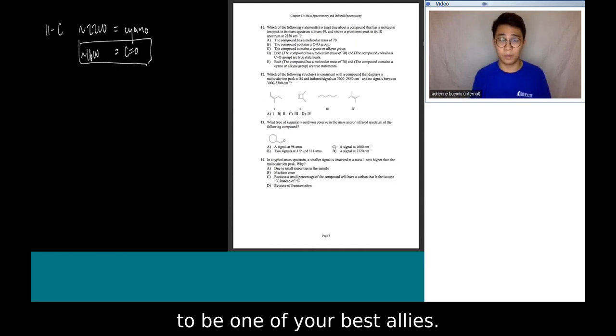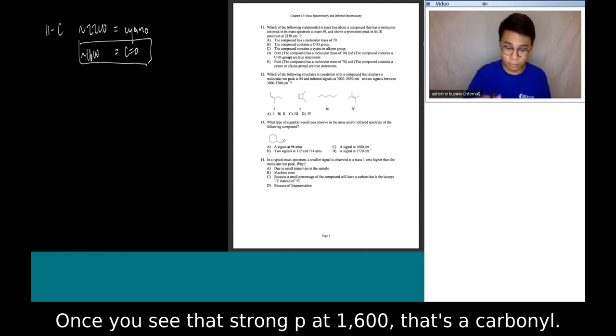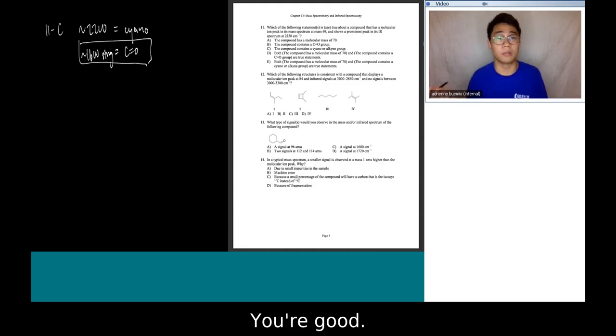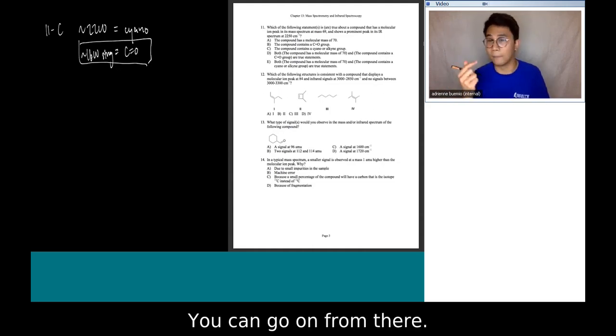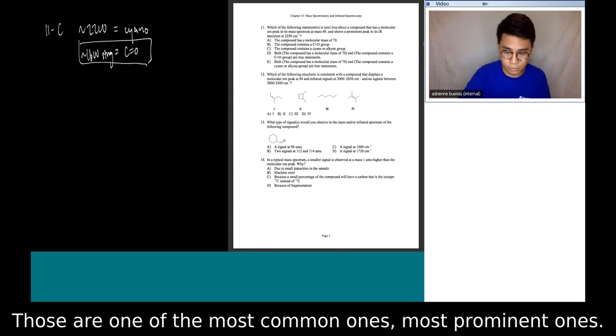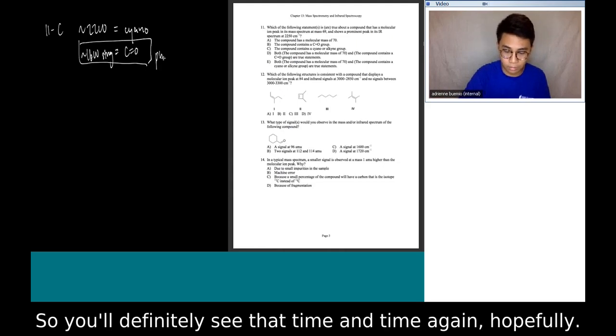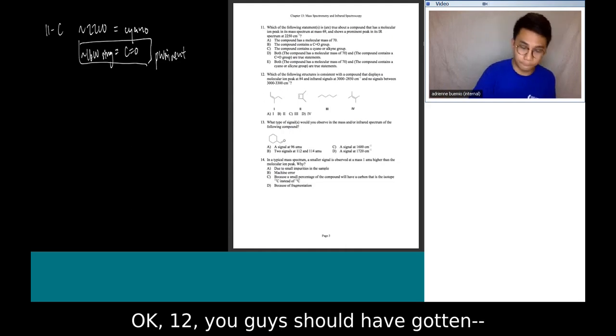Once you see that strong peak at 1600, that's a carbonyl. You're good. You can go on from there. Those are one of the most common, most prominent ones, so you'll definitely see that time and time again.